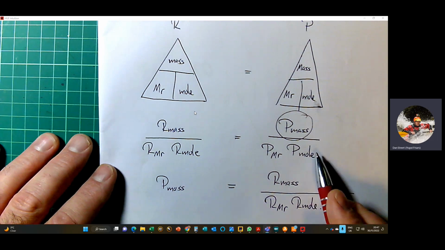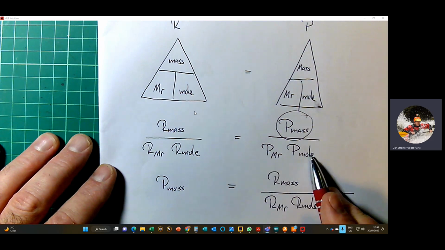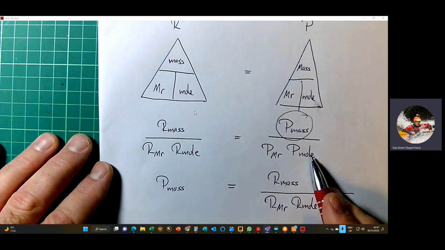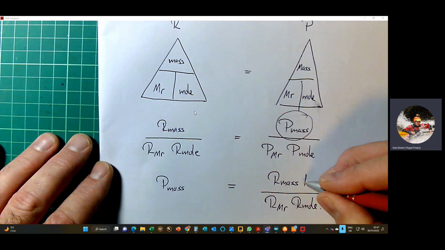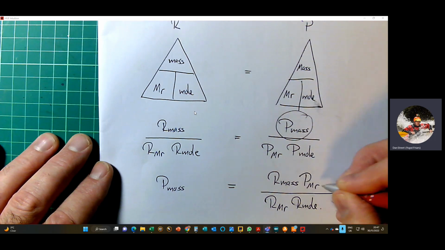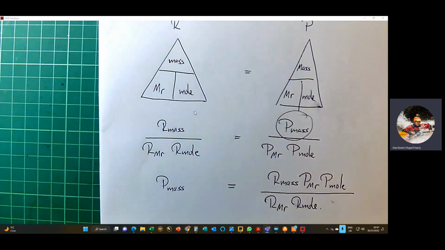And then to move these items onto the other side of the equation, we would need to multiply both sides of the equation by these. So that means we end up with PMR and P mole over here.